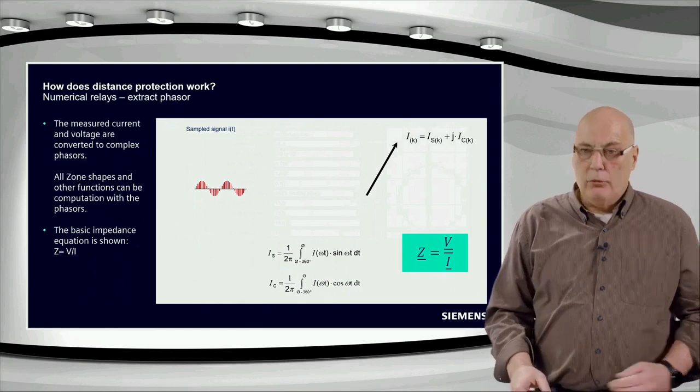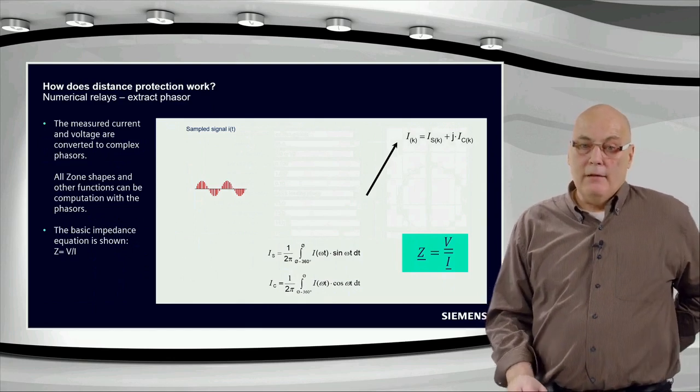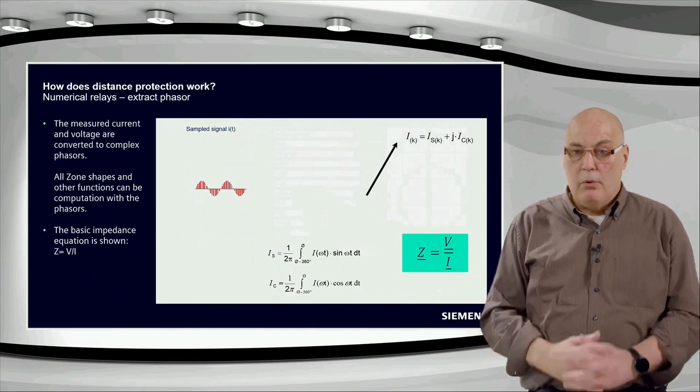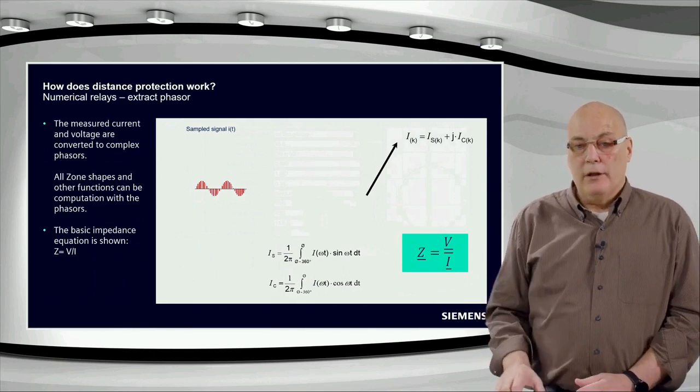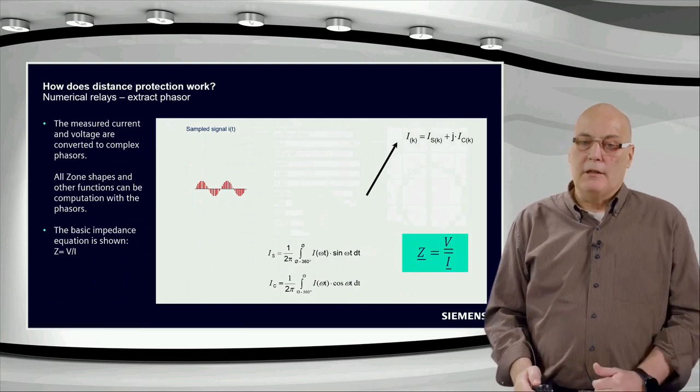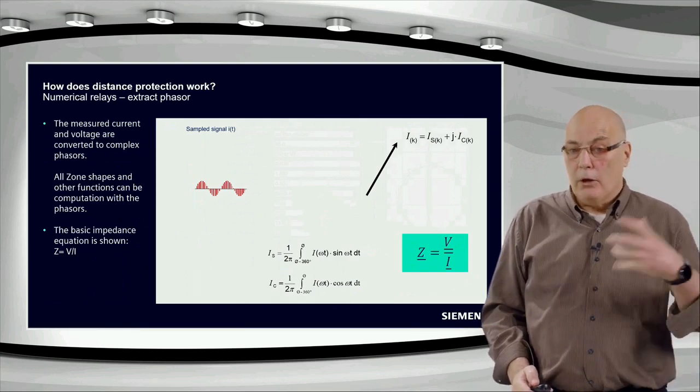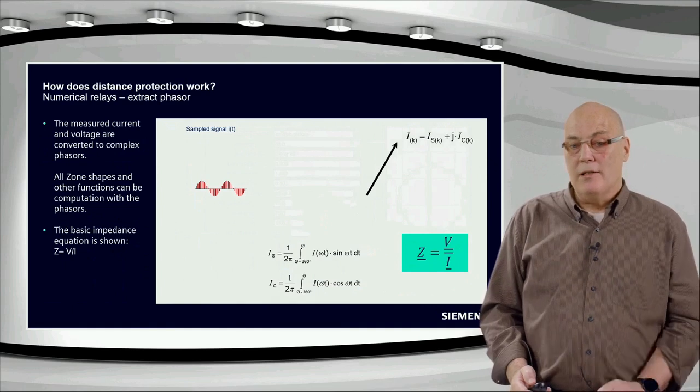In the numerical relays, you will take the signals. We see here our signal shown symbolically as a sine wave, and we'll sample it at certain intervals, and then digitize it. For the microprocessor to compute it, it is digitalized. So you have sampled every individual sample there.